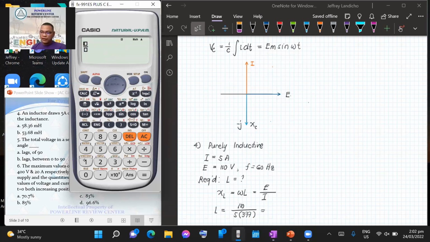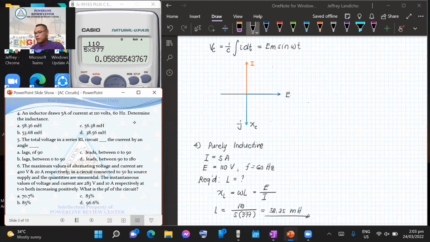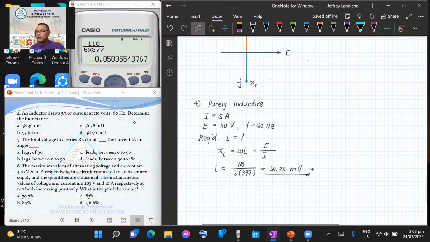So we now have the inductance of the circuit, which is only 58.35 millihenry. That is the solution to our problem number 4. It is that simple, as long as we have memorized its behavior. So 58.35, 36 will do. So we have the final answer as well.